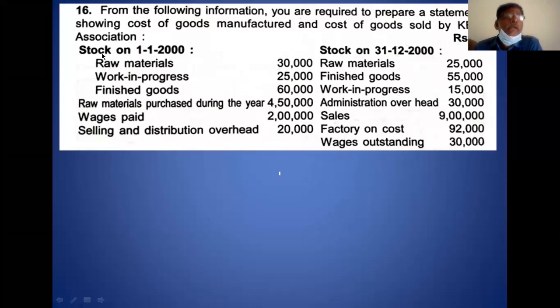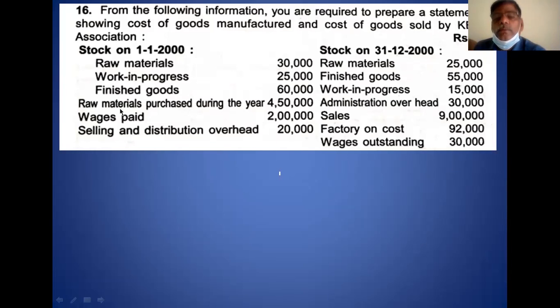The opening stock is given regarding raw material, work in progress, and finished goods. Raw material is to be adjusted in raw material consumed. Work in progress is to be adjusted in factory overhead. Finished goods is to be adjusted in cost of production.